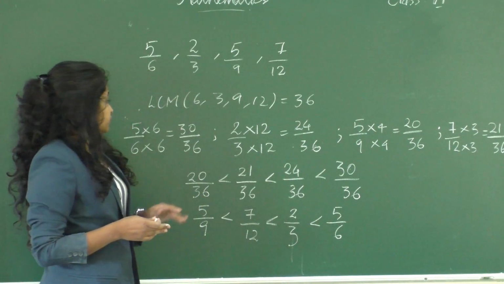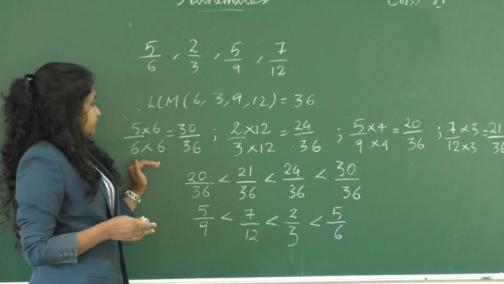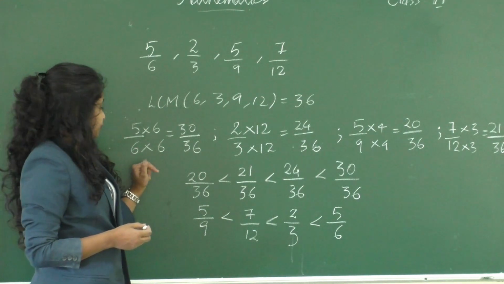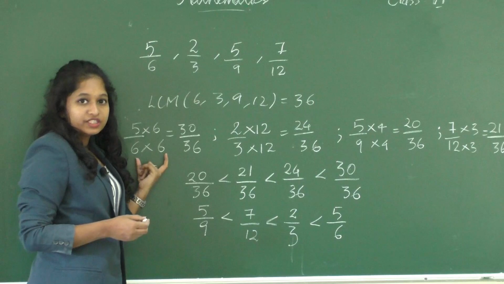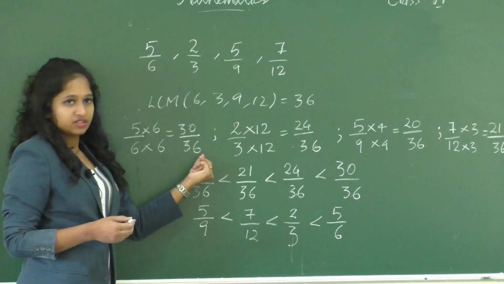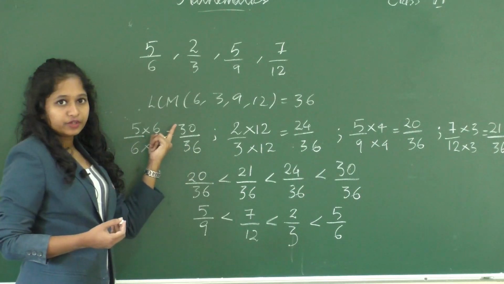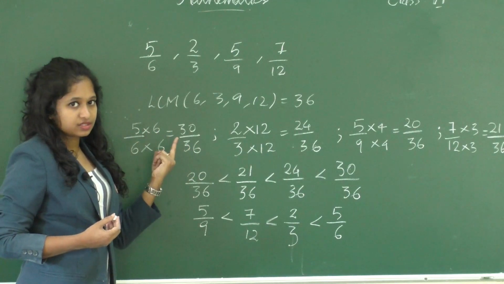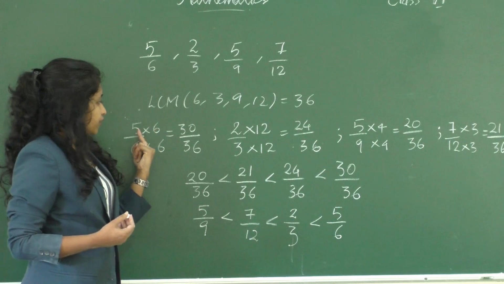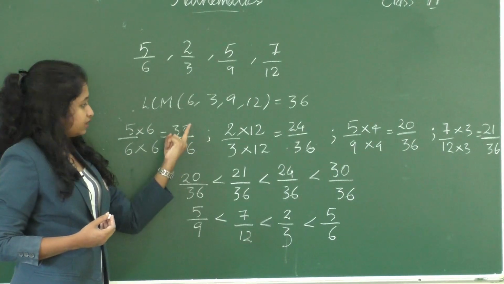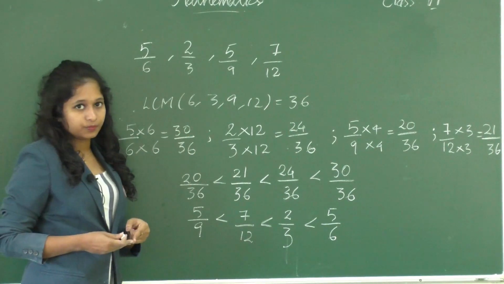Now take 5 by 6, and when you multiply 6 by 6 you get 36, isn't it? So multiply the numerator also by 6. 6 into 5 is 30. So we get 30 by 36 here.